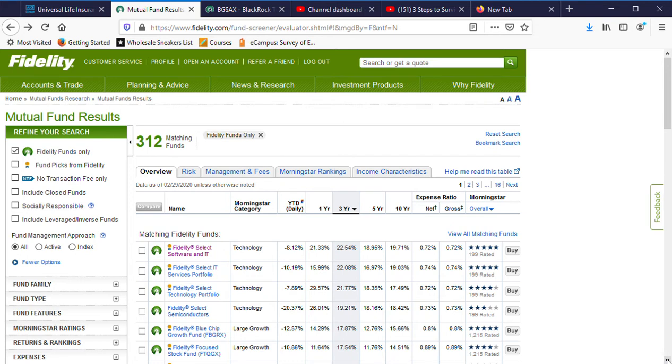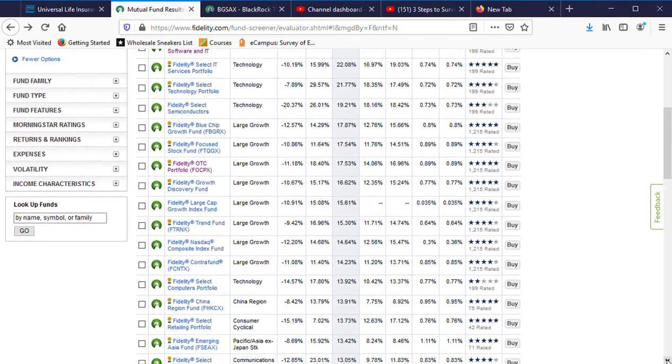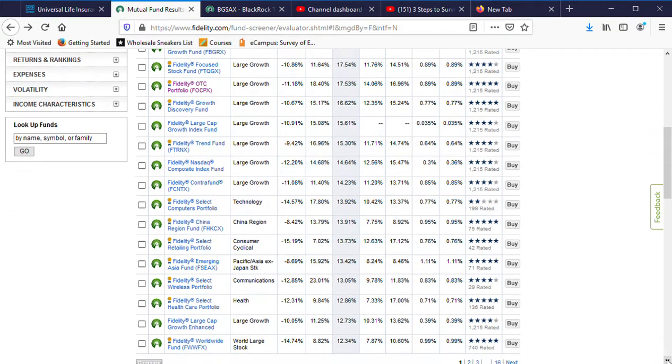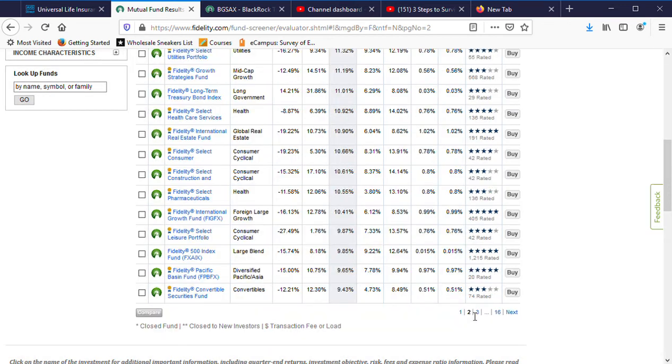Let's go to another high one. Just scroll down and you can look to see what you have. This one is 17.12%. Like I said, I only look at the ones that are at least 15% or higher. And you can click to next and go to the next one.